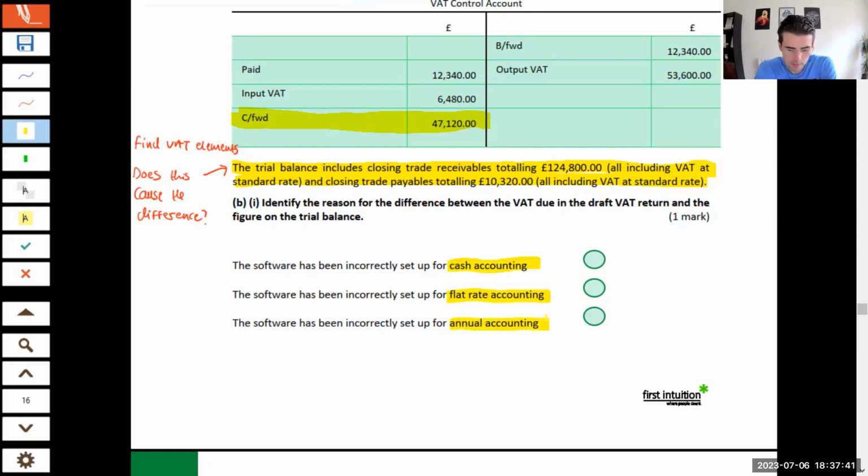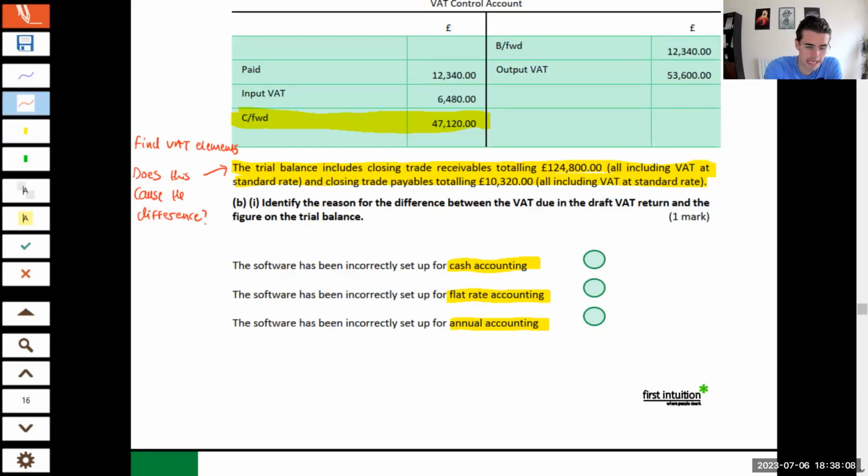So for example, can I knock any of these off right from the get-go? Well, look at this one, flat rate. The flat rate scheme, where you will have the information in the reference material about thresholds and so on, but you need to be able to explain it at face value, is where, depending on the type of service or products we make, we apply a flat percentage on inputs and outputs.